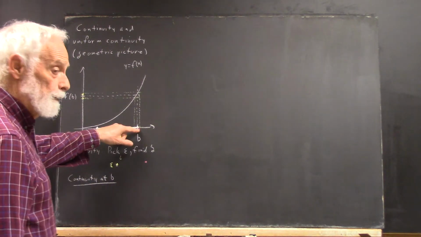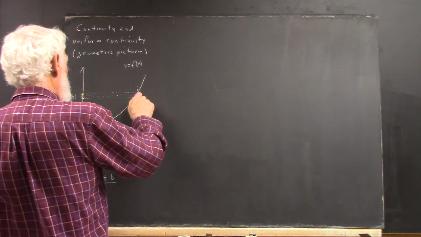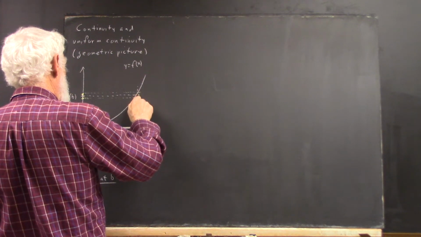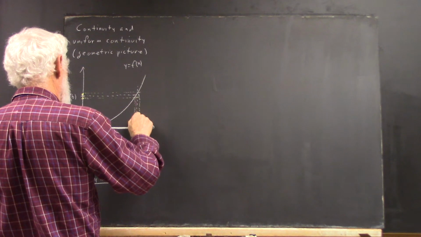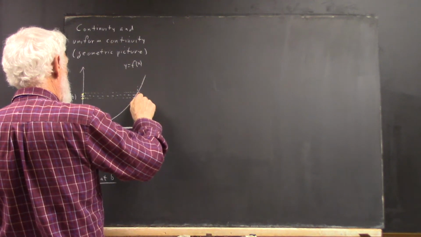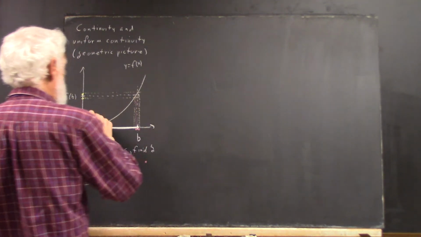And it's small enough that any time x is within delta of b, f of x is within epsilon of f of b. Didn't draw that very well.